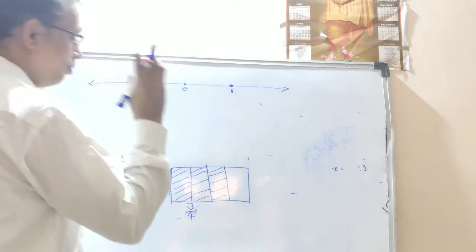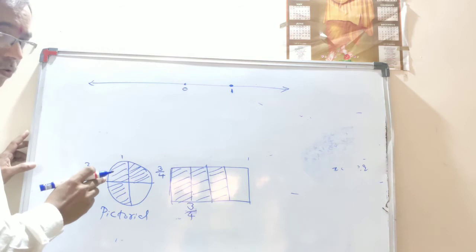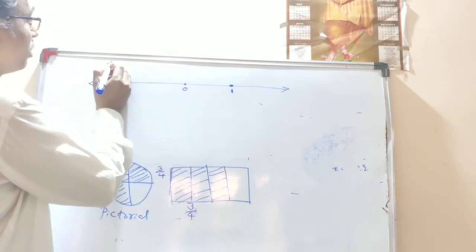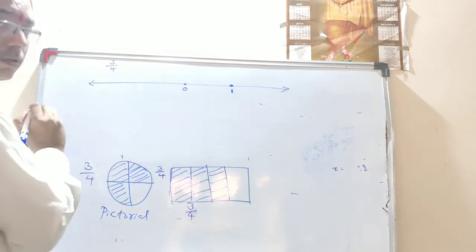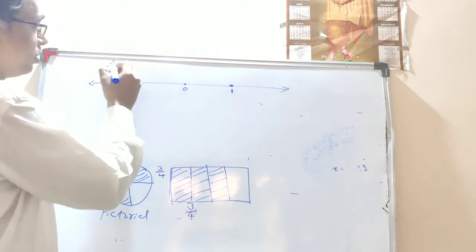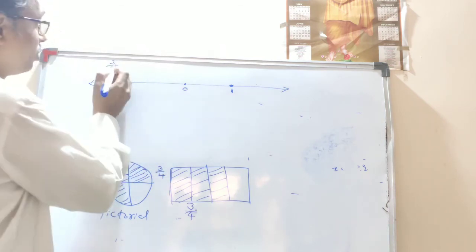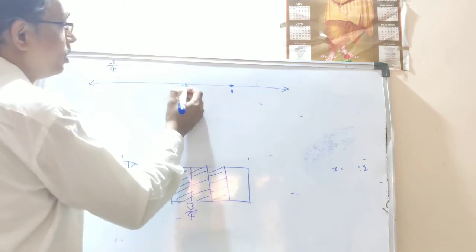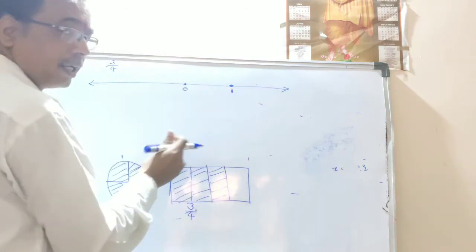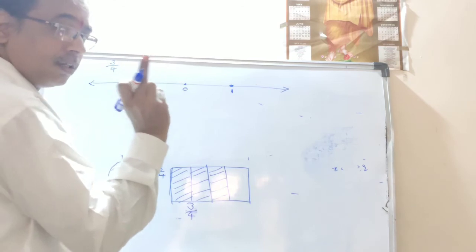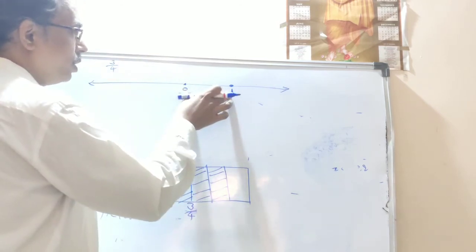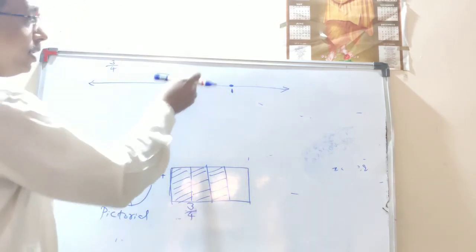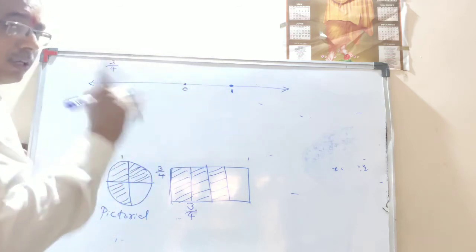And we need here 3 by 4. That means we have 4 in the denominator. As you know already, the numerator is on top and 4 is the denominator. So on the denominator we have 4. Here 0 to 1 is again 1 unit, so take this as 1 unit and make it into 4 equal parts.